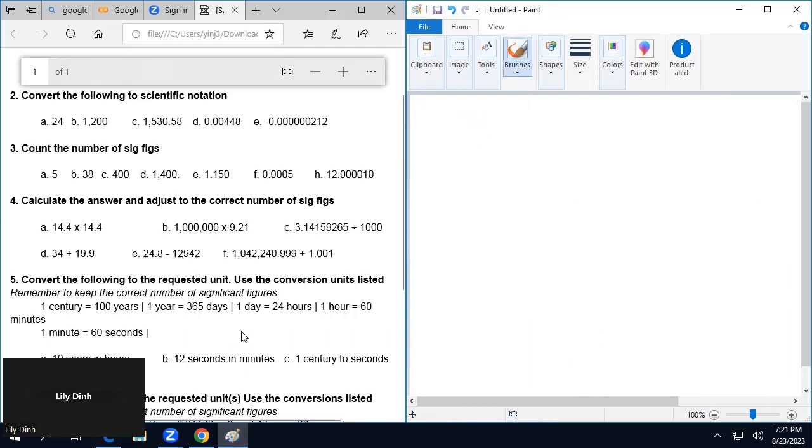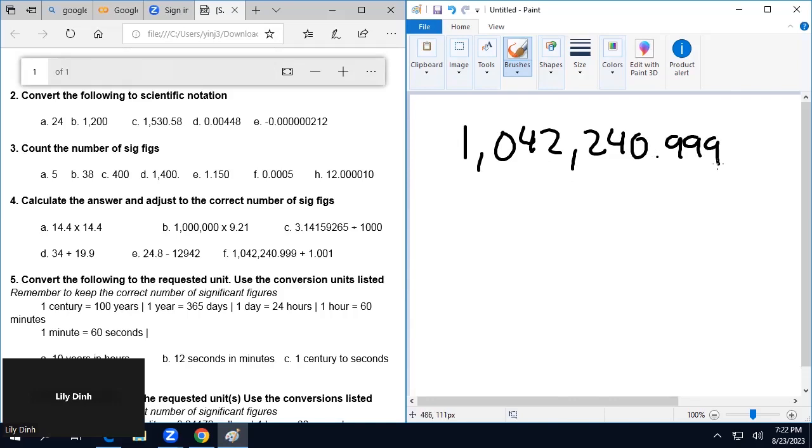Next one. Okay, I added this one on purpose. So 1 billion, my bad. 1,042,240.999, yeah, a million, plus 1.001.